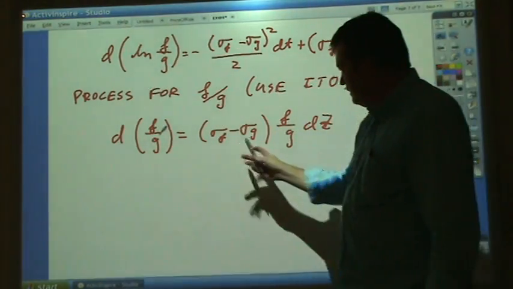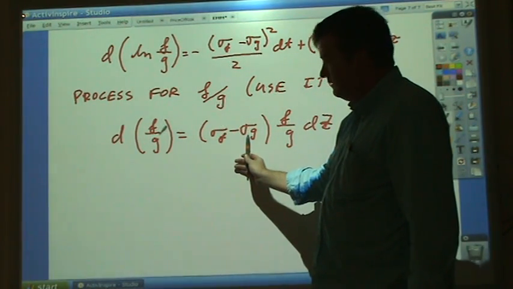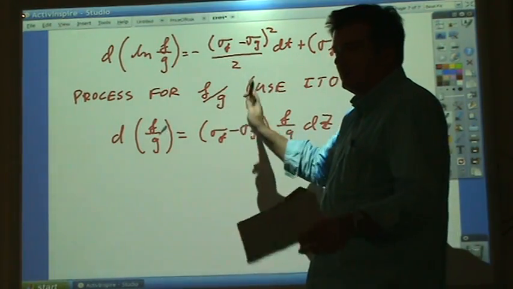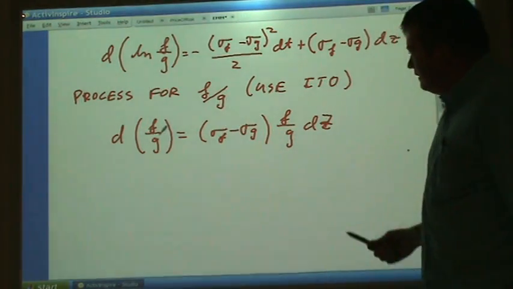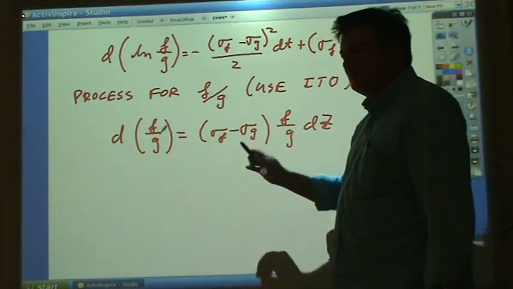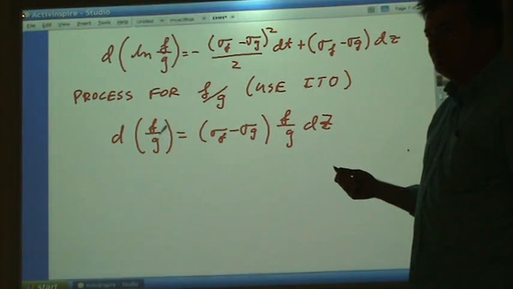And this component here is the volatility. It's one volatility minus the other volatility. This could come out to be 0, or it could come out to be something. And volatilities can come out negative. Would that throw you off at the volatility? Because we end up really using the absolute value anyway.